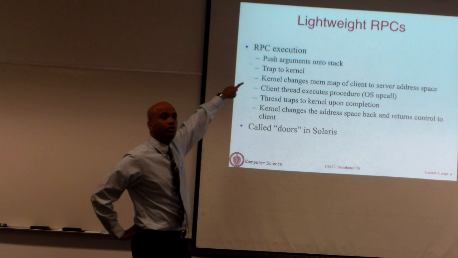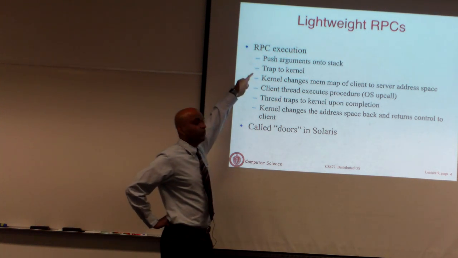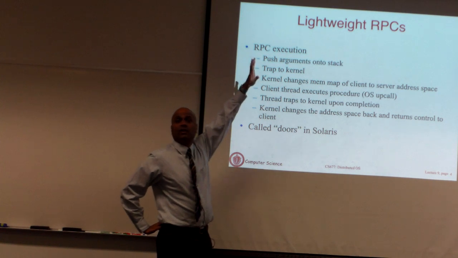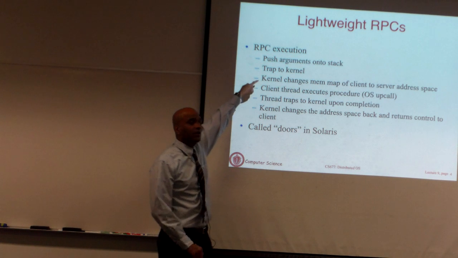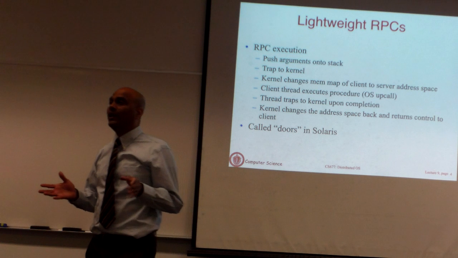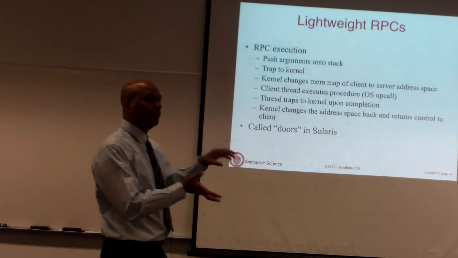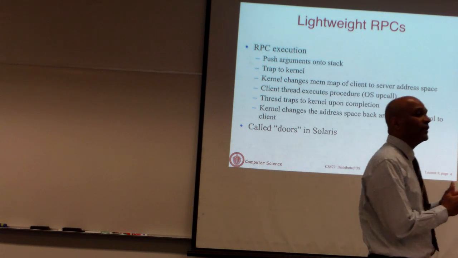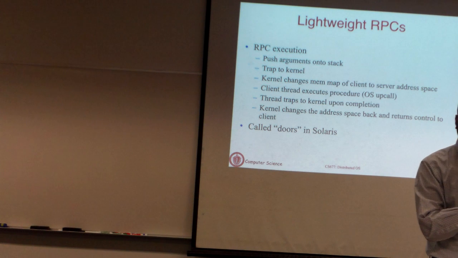You will essentially go to your stub code. The stub code is going to push the arguments onto a stack, which could be the traditional stack or a shared memory region depending on the implementation. You are going to trap into the kernel. The kernel is essentially going to provide access to this memory region to the called process. Because you put the arguments onto a memory region, whether it's a stack or a shared memory region, you have to make that available to the called process.